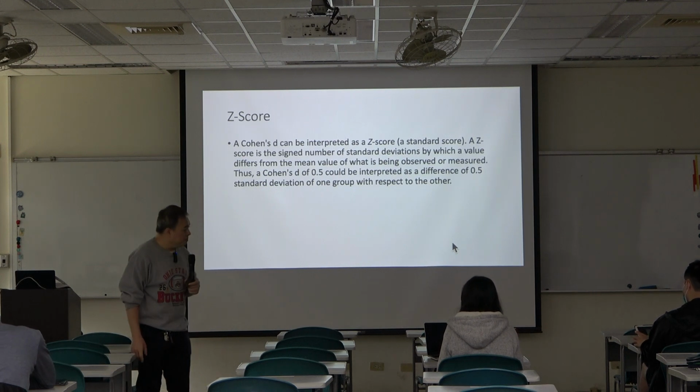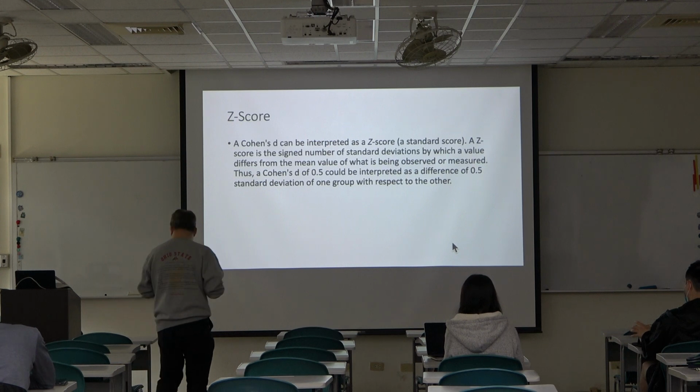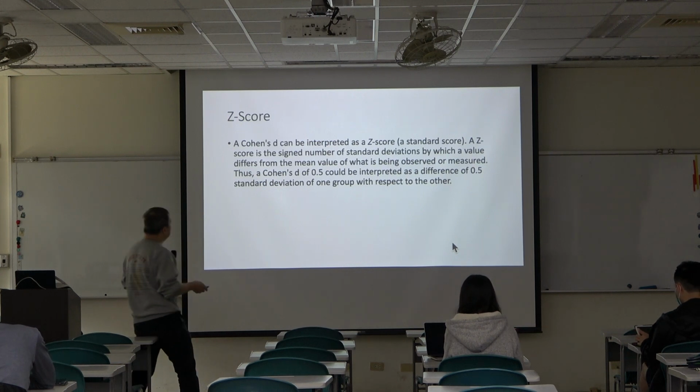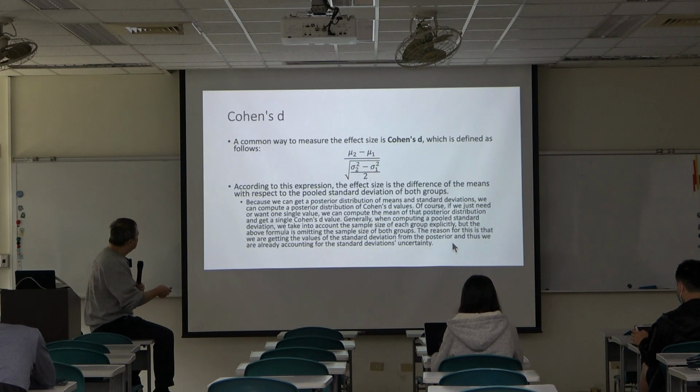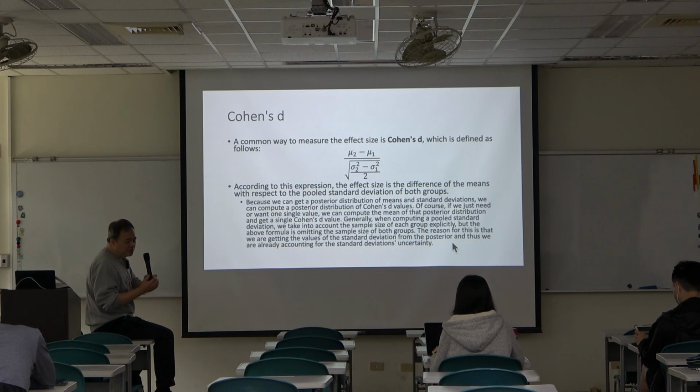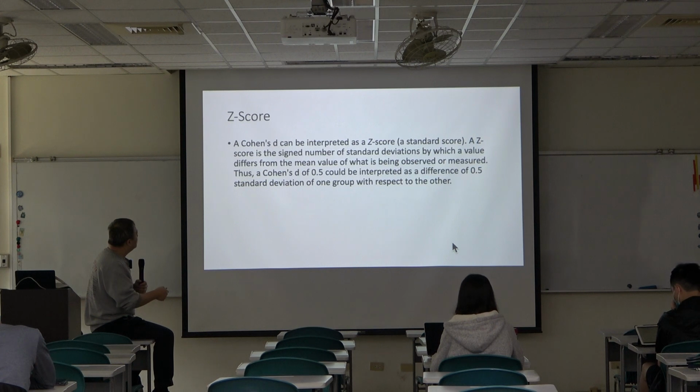So in some sense, Cohen's D is similar, because you are dividing the difference of means by the scale of the standard deviation. So it's conceptually similar to the z-score.